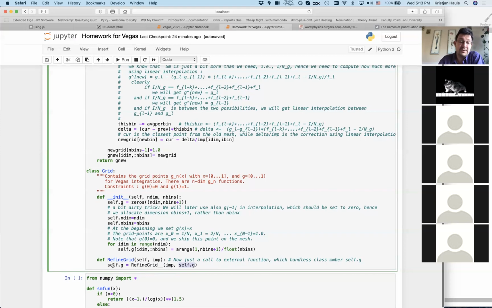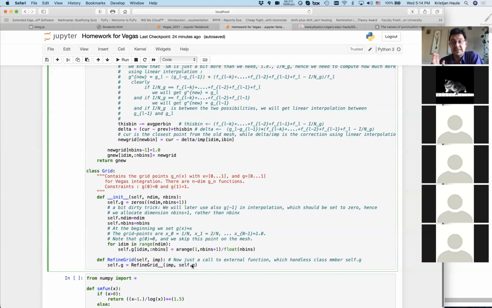So the Pythonic way to do it is, rather than changing self G inside the function, to return the entire array and then assign it back to self G. So this is anyway the preferred Pythonic way of writing functions. So basically, on the right-hand side, we just give self G as a read-only array.